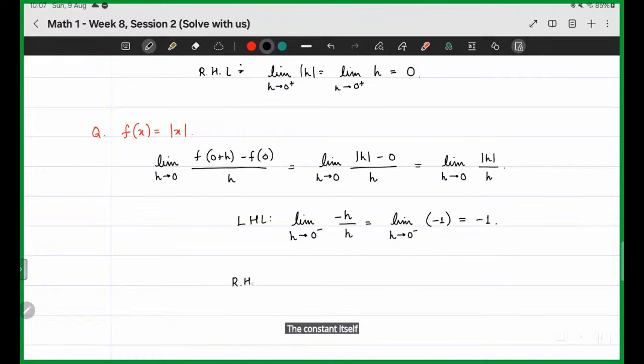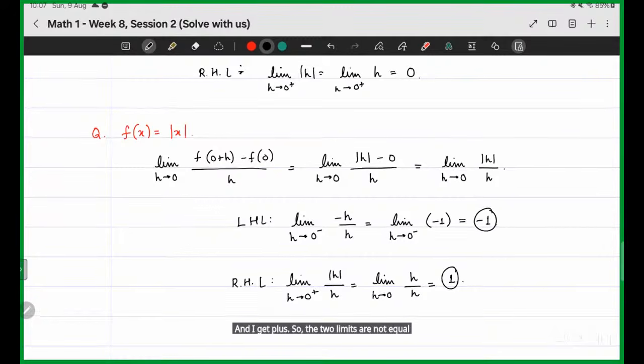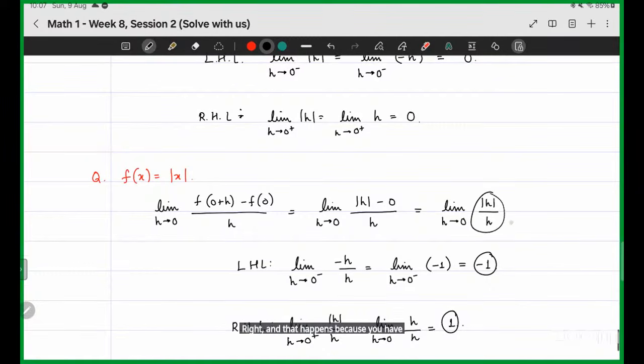Now, when I compute the right hand limit, h goes to 0 plus, I have mod h by h. Now you'll see that mod h is h, so I just have h by h and I get positive one. So the two limits are not equal, right? And that happens because you have a mod h by h.